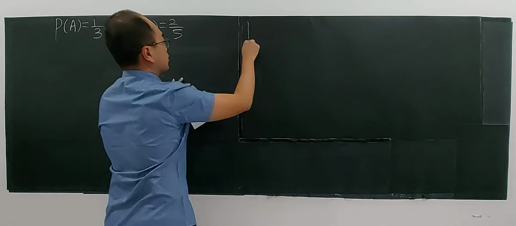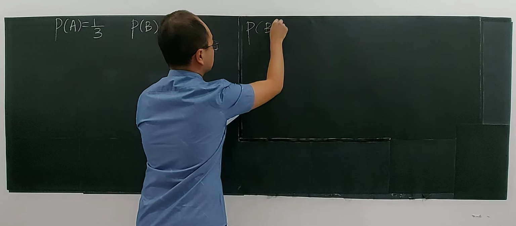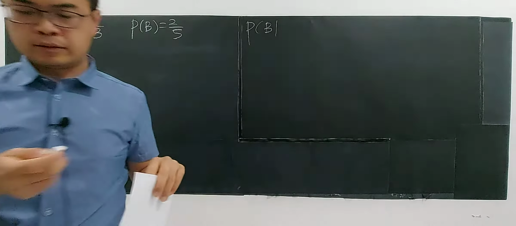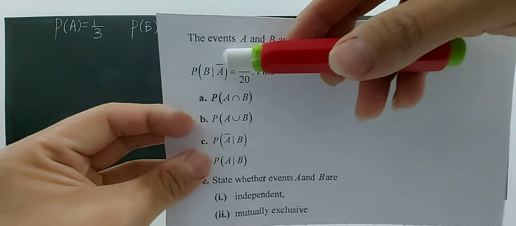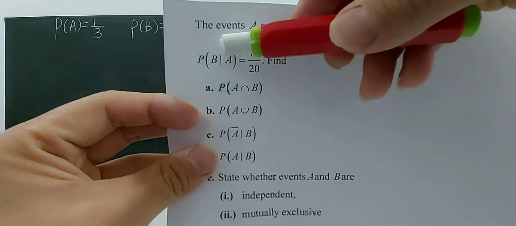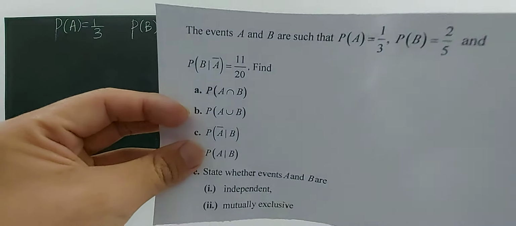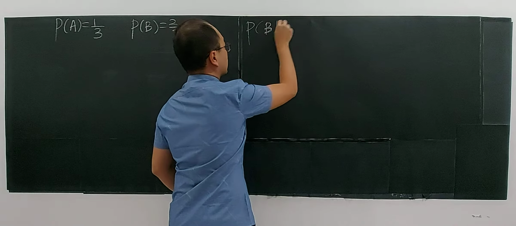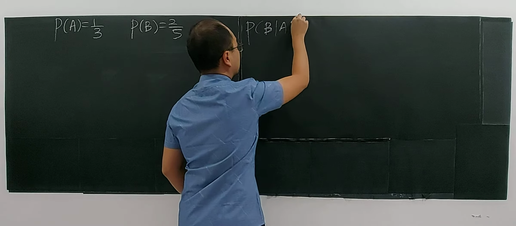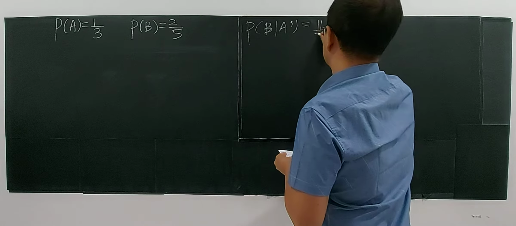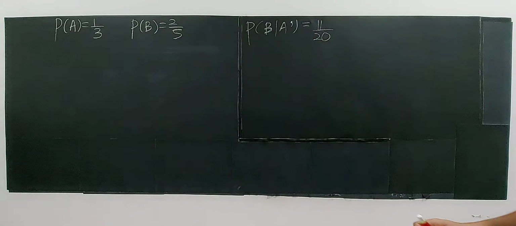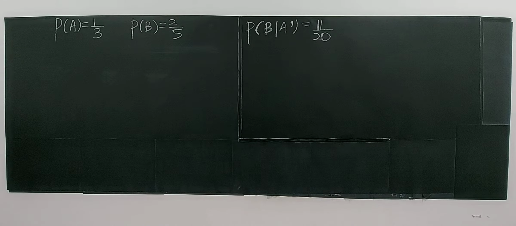And for the probability of B given A, if you see carefully, there is a bar over A. This is equivalent to the complement of A, so I can just rewrite this as A prime, which is the same as 11 over 20.